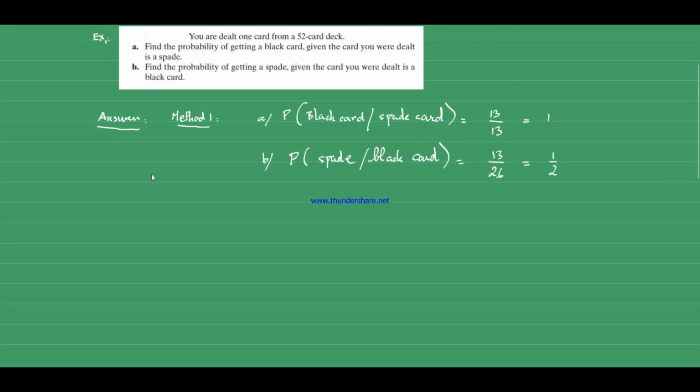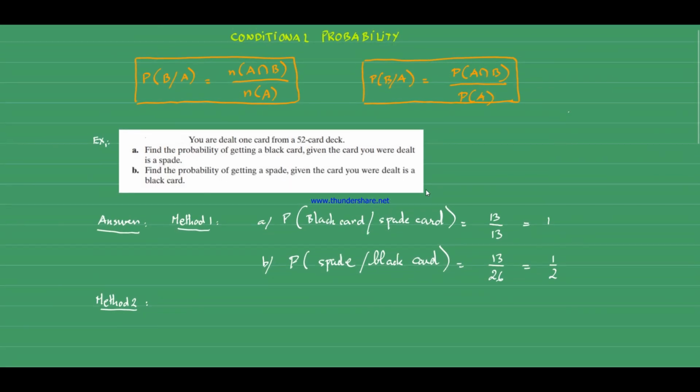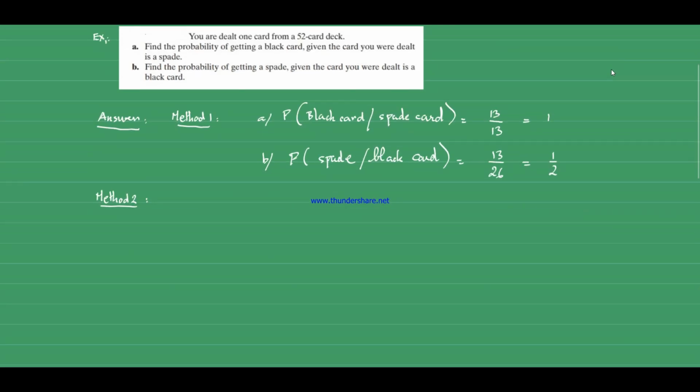Now I'm going to use the second method, which is my common logic, using this formula. Again, we want to find the probability of the black car, speed car. We want to find the probability of the intersection between black and speed.